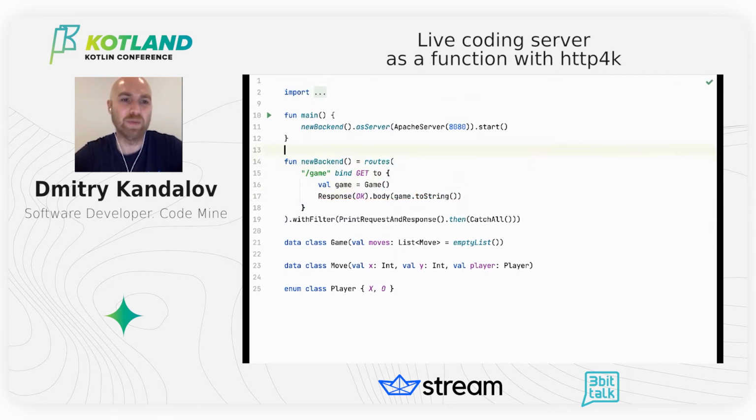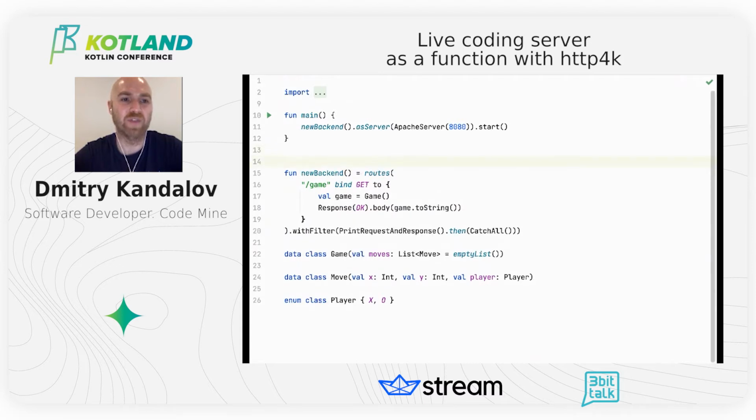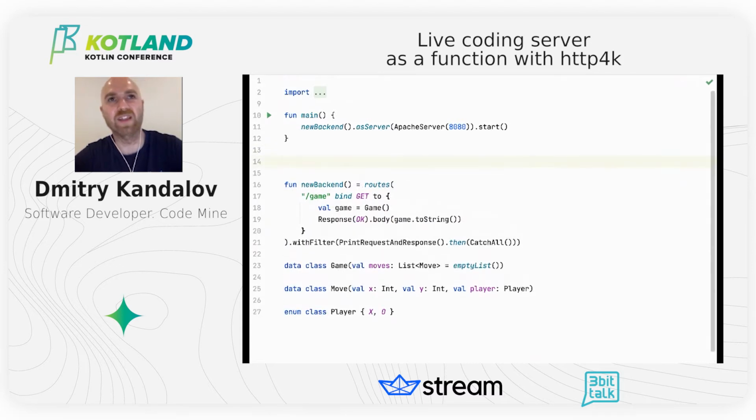But there is a bit more idiomatic way of using http4k, which is using lenses. Once again, that's an optional thing, but that's an example of when a library is more beneficial because it doesn't force you to make any particular decision. So you don't really have to do that. A lens is a concept from functional programming, which we'll explain in a second, but it looks something like that.